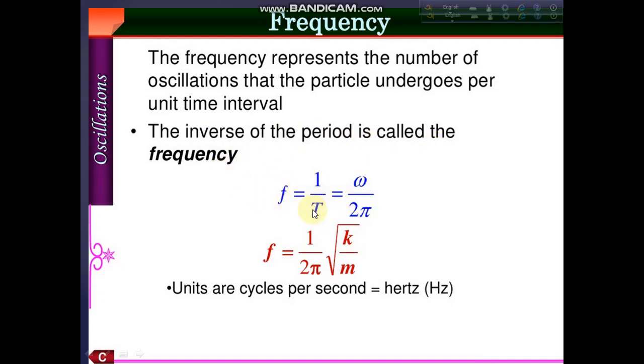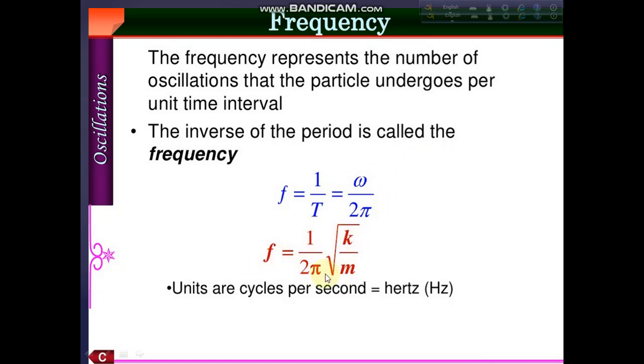By putting the value of T, we get omega by 2 pi. If we put the value of omega equal to root over k by m, then we get f equals 1 by 2 pi root over k by m.